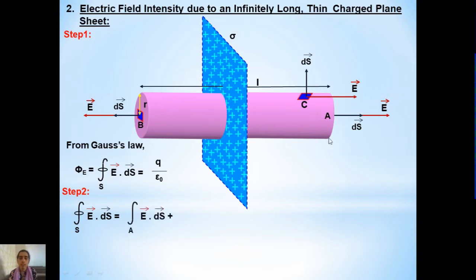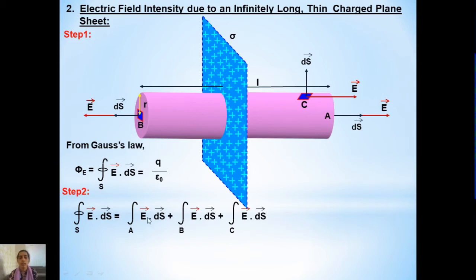the electric flux due to surface A can be considered as integral of vector E dot ds, plus the electric flux across surface B, which can be represented as the integral of vector E dot ds at surface B, plus the electric flux at surface C for the curved surface, which can be taken as vector E dot ds.